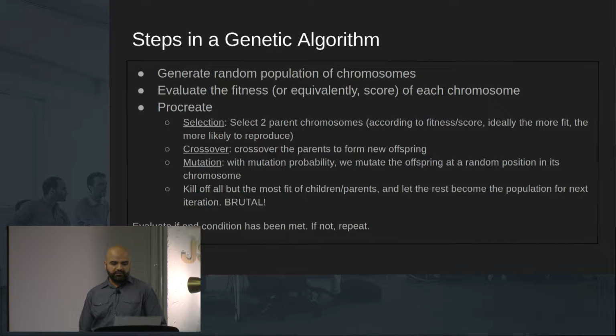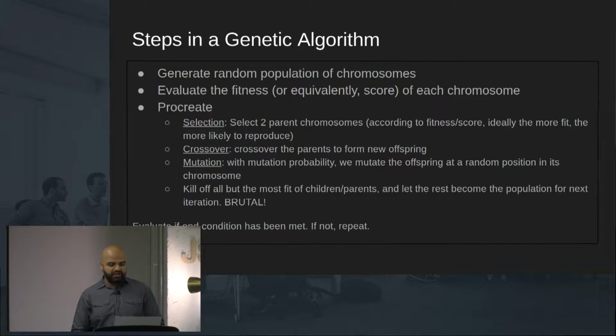The traditional way is to select two parent chromosomes. If you have a population of, let's say, n chromosomes, you choose two of them randomly, but with some sort of distribution, so that the ones that are more fit, closer to the optimal solution, are more likely to be selected. In my examples, I modified it a little bit, but this is the traditional way you would go about doing that.